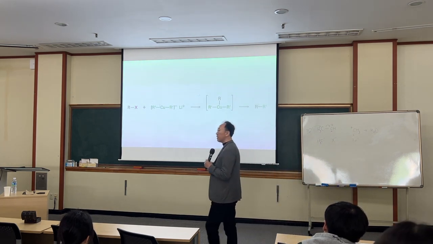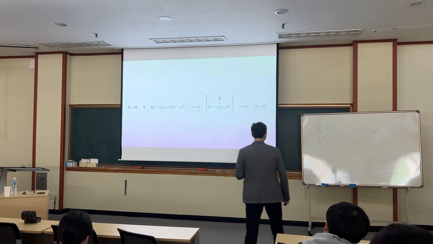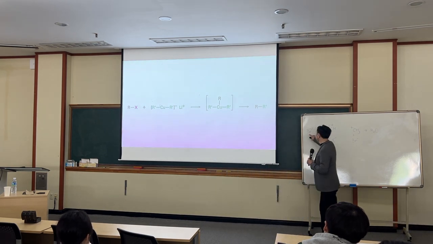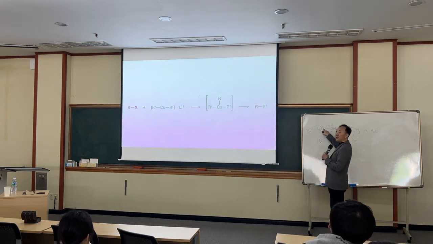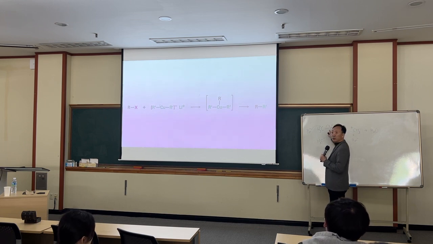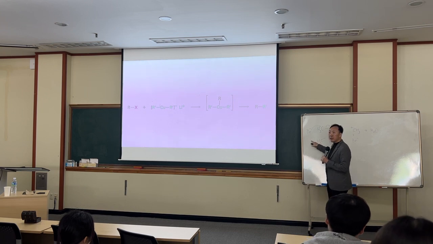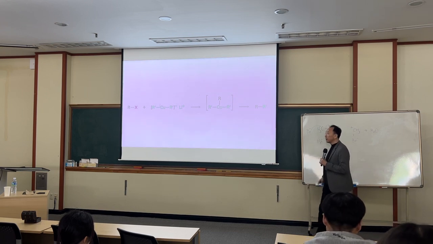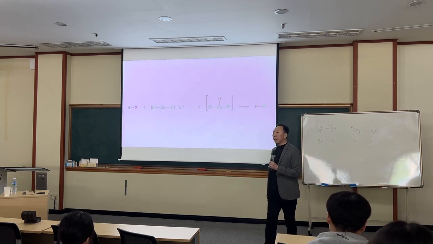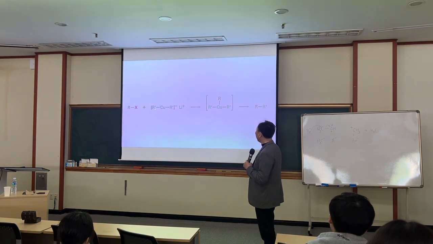Now this reaction mechanism. Here I try to explain nucleophile attacking from behind here, and then pushing this out. This is usually what we call the SN2 reaction, substitution reaction. But in this case, there's a little different mechanism. Altogether, this is nucleophile, this is electrophile.